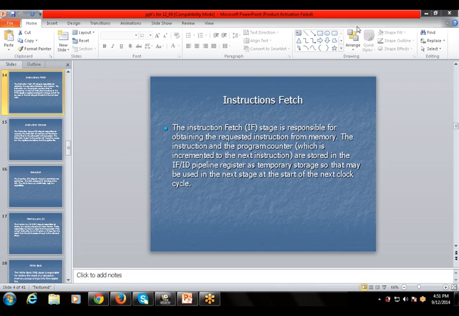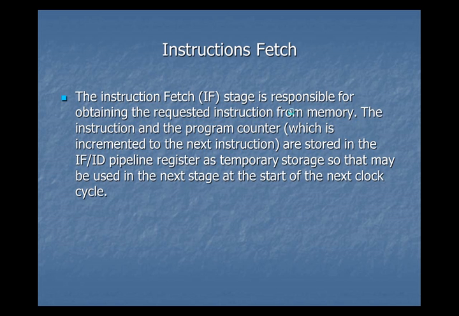Instruction fetch, the short form is IF. The instruction fetch stage is responsible for obtaining the requested instruction from the memory. As the name suggests, instruction fetch means fetching the instruction from the memory.